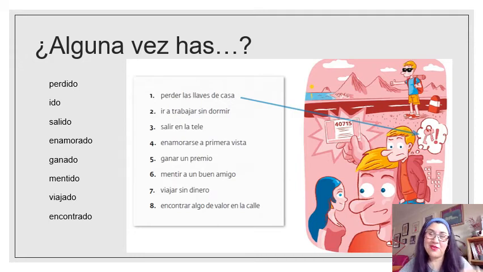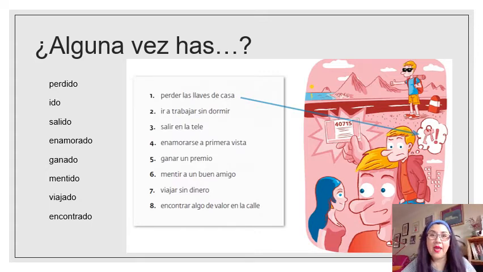Have you ever gone to work without sleeping, like the night before? Número 3. ¿Alguna vez has salido en la tele? Have you ever been on TV? Salir en la tele is a fixed expression meaning to be on TV.